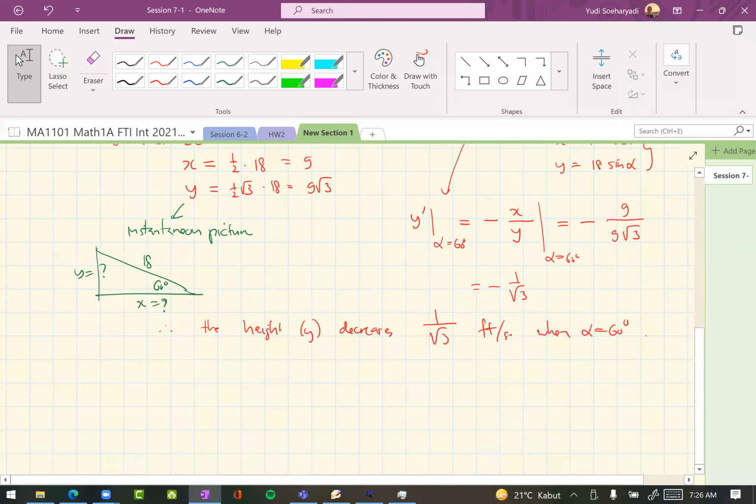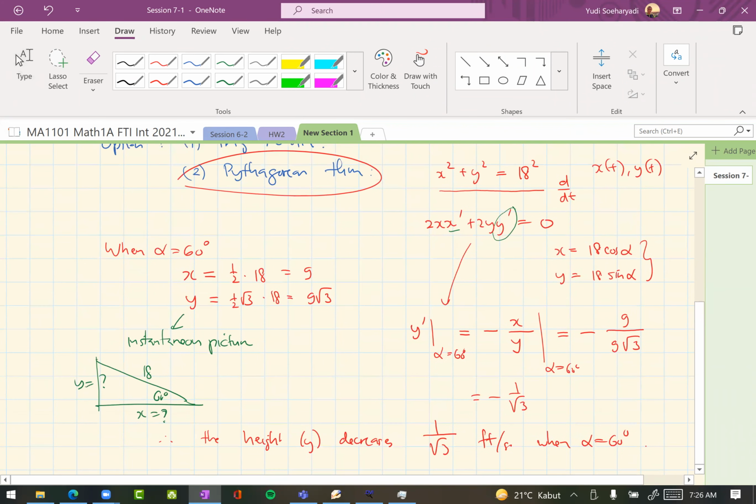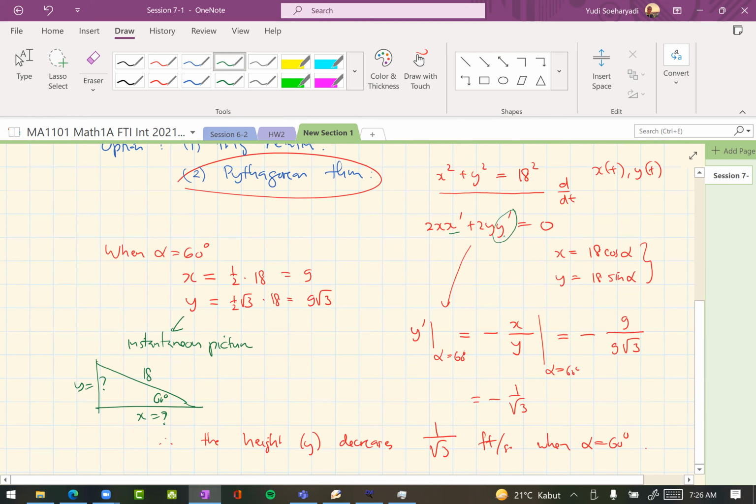Sir, sorry, where do you get the minus x over y? Solve this for y prime. Oh, sorry, I missed that one. This should be negative, okay, right? So move it to the right hand side, then divide by 2y.